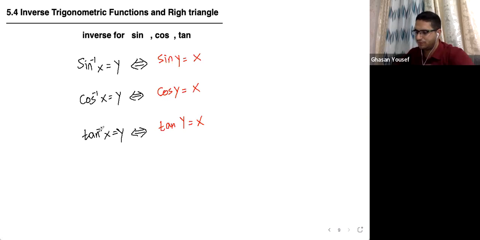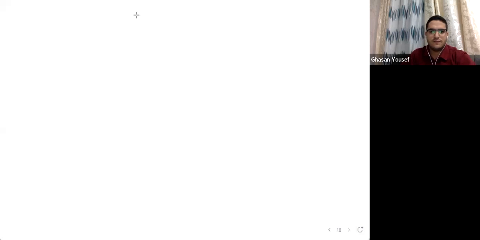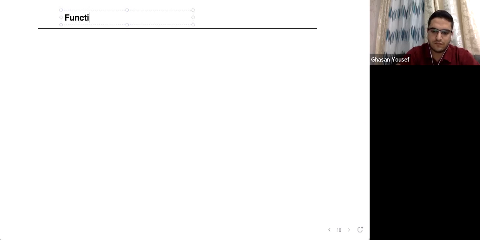So I can make a small table. Here we have the function, and here we have the domain for the function, and here we also have the range. We're going to restrict the domain because the function is not a one-to-one function.